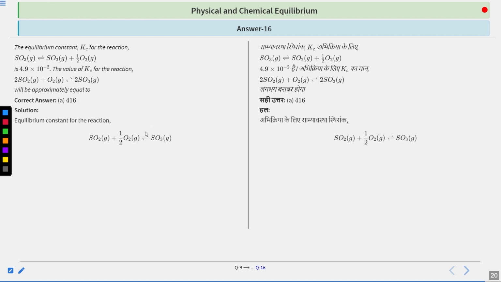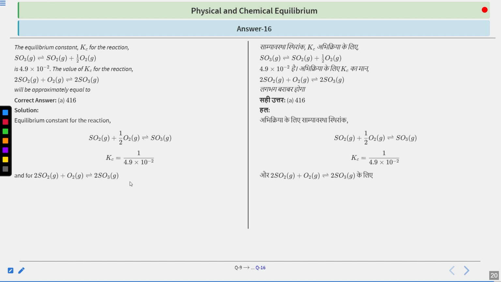If we write the equilibrium constant for the given reaction, how will we write it? It will be Kc is equal to 1 by 4.9 into 10 to the power minus 2. How have I written it? For the first equation, whose equilibrium constant is given, we have just reversed the equation to get the second equation, right? So on reversing it, the equilibrium constant gets reciprocated. Now in the further part, we have multiplied it by 2.